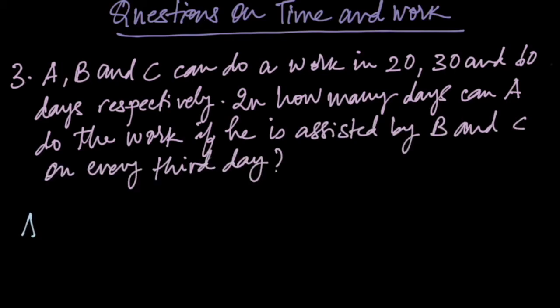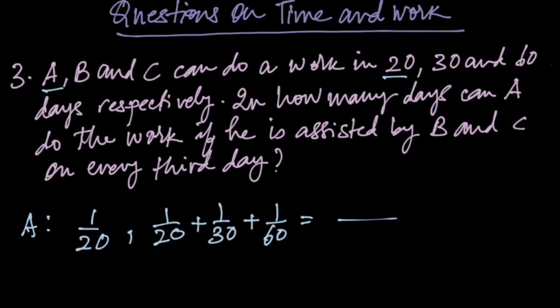So here again we start with first finding out how much work is done per day in different configurations. A works alone, he completes 1 over 20th work per day, and when B and C assist him, then 1/10 of the work gets completed.